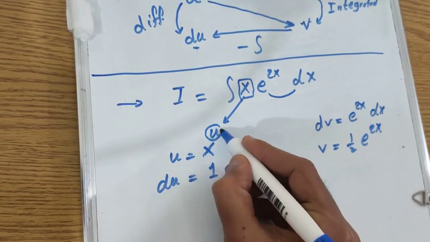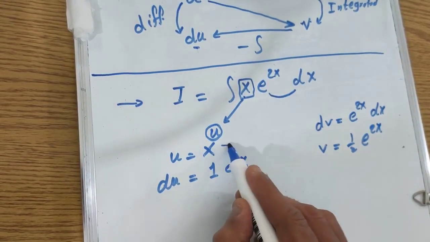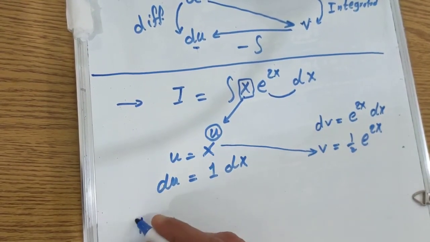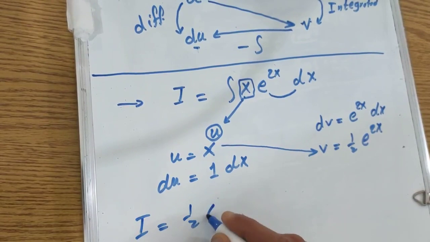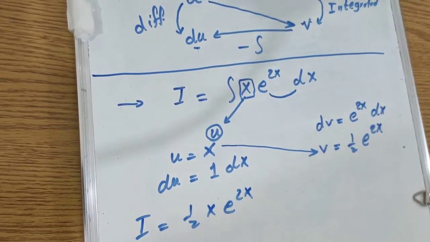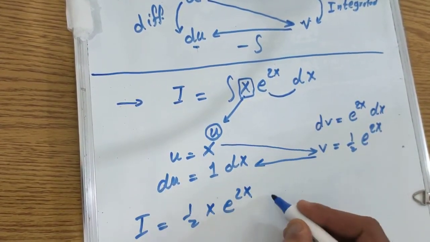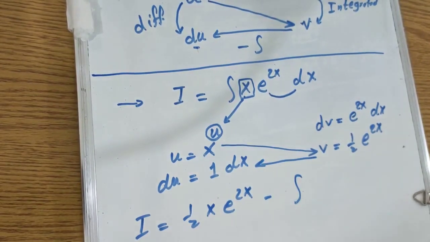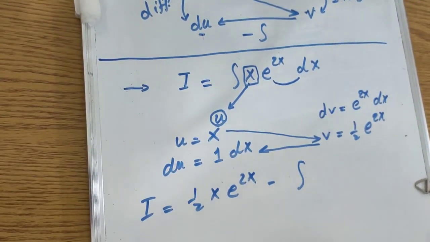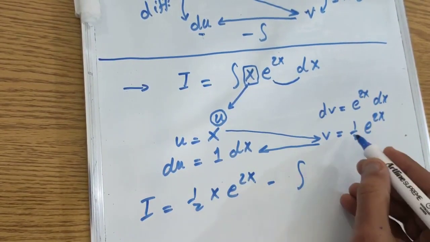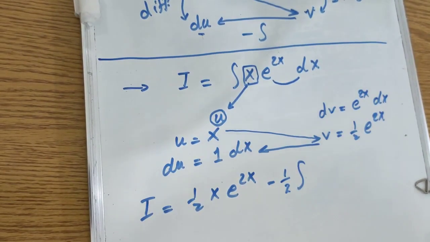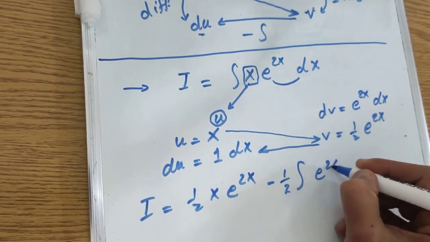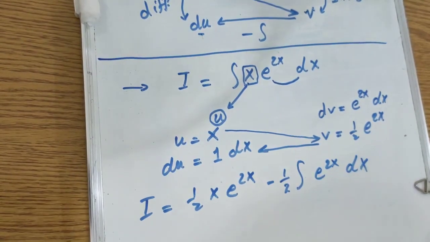Now, using our rule of integration by parts, the integration will be half x e power 2x minus the integration of v du. And one of the important pieces of advice is that when multiplying v du, take the constant outside the integration, so half is outside the integral of e power 2x dx.